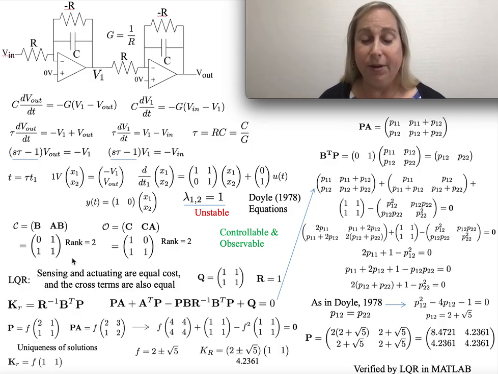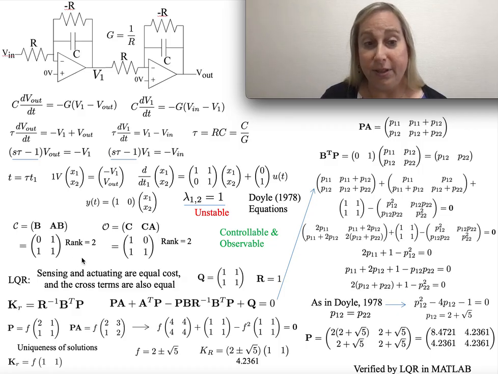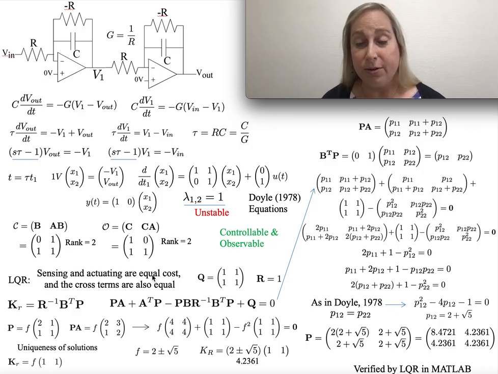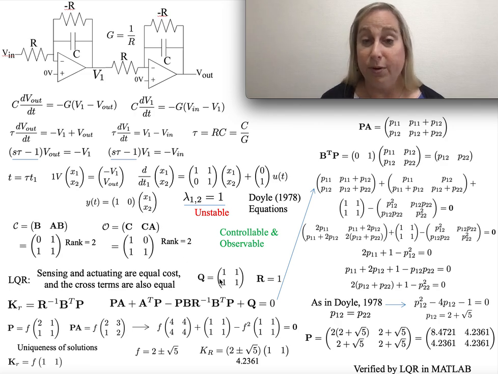And then you think, okay, I should be able to take this one step further and go through the LQR stage, very much like what he would have done. If I assume that the sensing and actuating cost is equal, and there's also an equal cost across terms, so between measuring state 1 versus state 2 and so forth, that gives me a Q matrix that's all ones, and an R that's 1 for the typical structure.